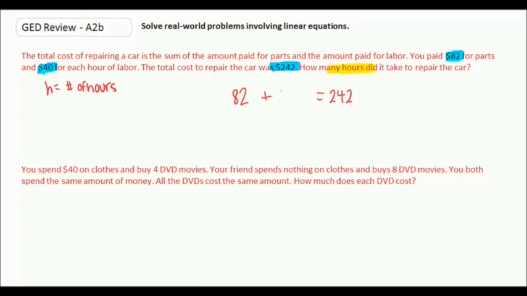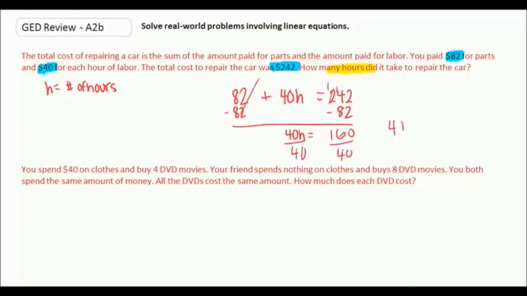That it would. So we can say 40h. And that's our equation. And now to solve, we can say minus 82 from both sides. 40h equals 160. If we divide by 40, we get 4 hours.